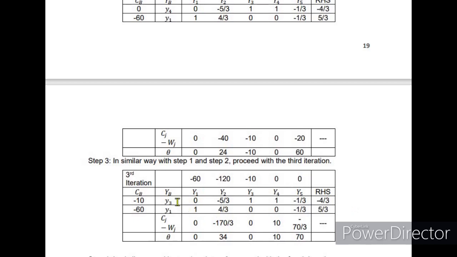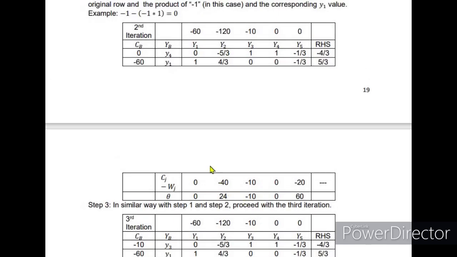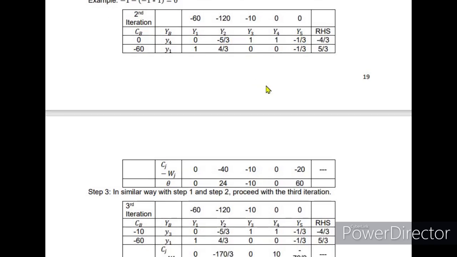Then to replace it, you will just divide all the elements in the y sub 4 row in the previous iteration. The pivot element here is 1 because it lies in the intersection of the chosen row, which is y sub 4, and the chosen column, which is y sub 3, because it has the lowest value of theta.